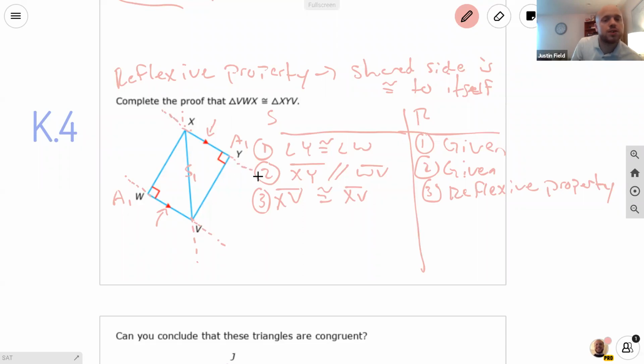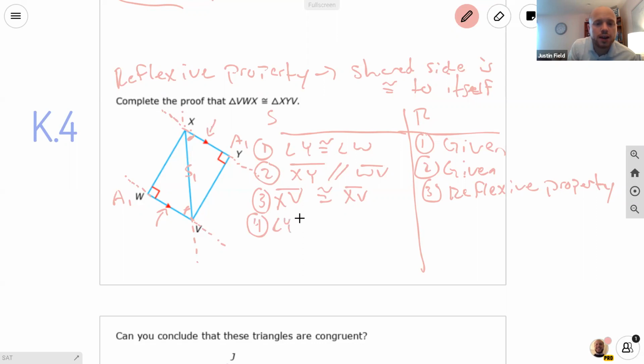So if you think about this as the interior of two parallel lines cut by a transversal XV, well then that makes this angle and this angle alternate interior angles. And so they are congruent.